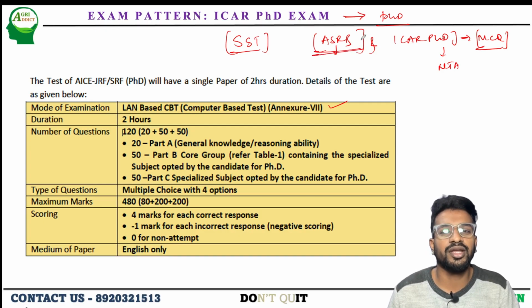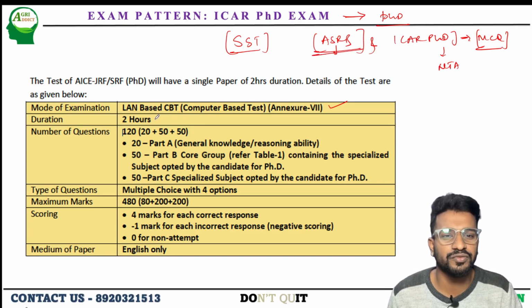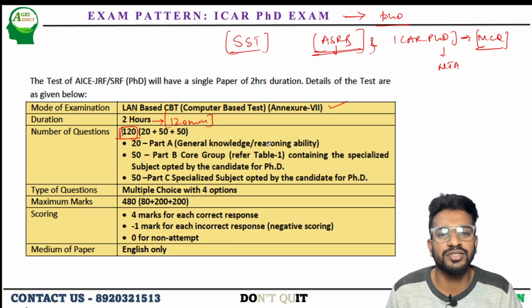Next, talking about the number of questions. Here the number of questions is 120 and the total duration is the same, 120 minutes or 2 hours, but the difference is the total number of questions. Here the total number of questions is 120, which is split into 3 parts, where the first part will have 20 questions, the second part 50 questions, and the third part again 50 questions.